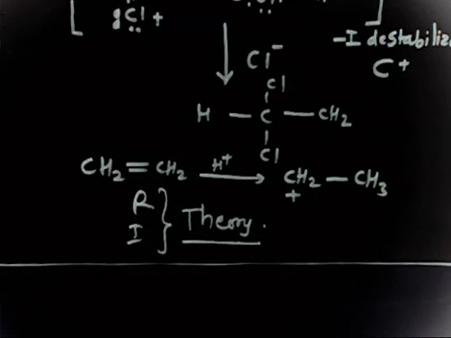Something like this: electron sometimes shows the behavior of a wave and sometimes shows the behavior of a particle. So when we have the behavior of a particle, in that case we do an experiment. If I have an experiment that shows the behavior of a particle, then we take the particle theory of electron.